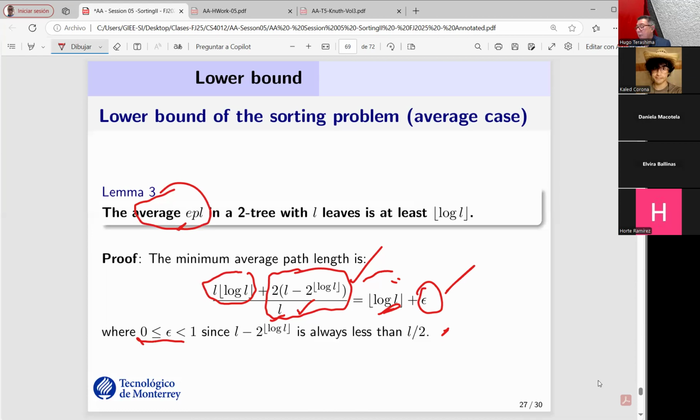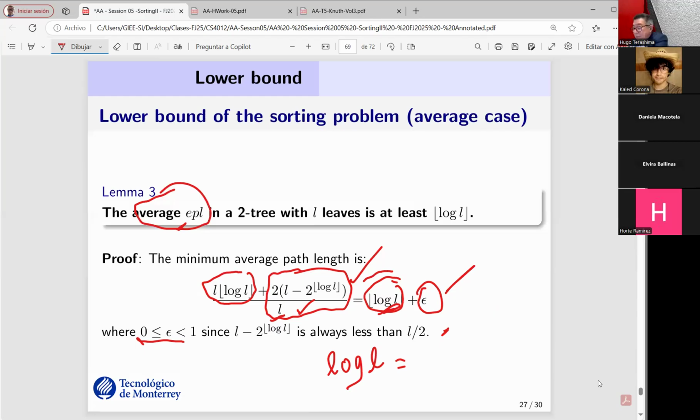And what is log of L? What is the number of leaves that I have in a tree, in a sorting problem? What is L?